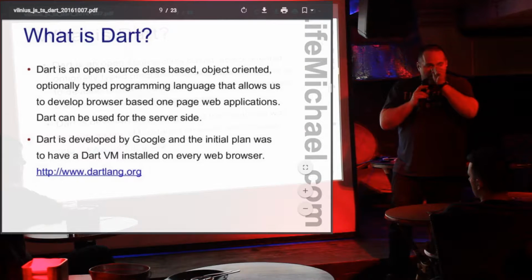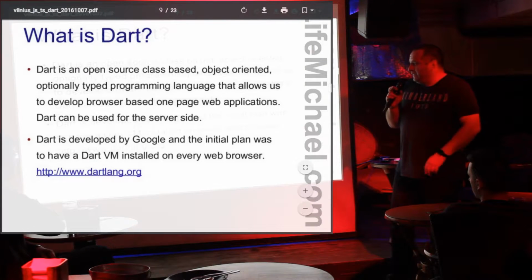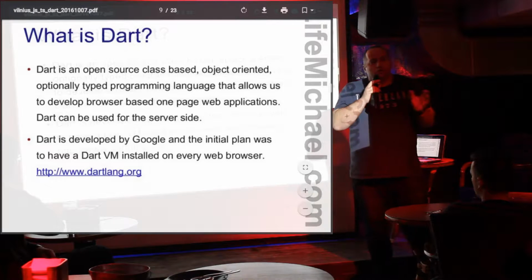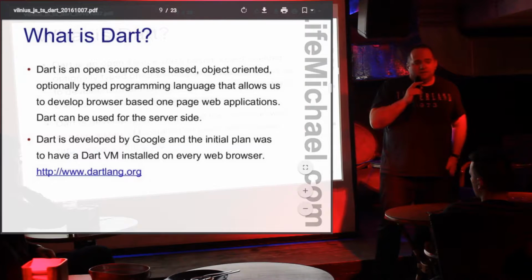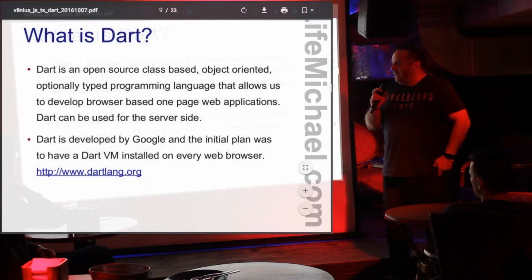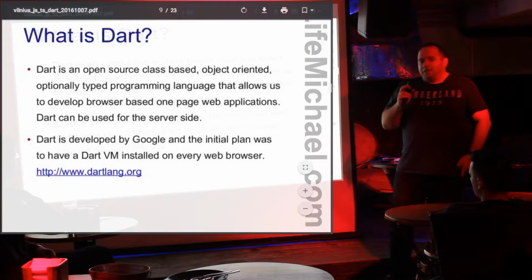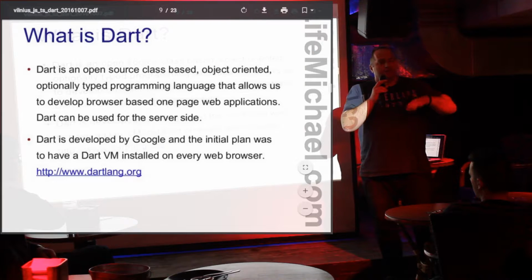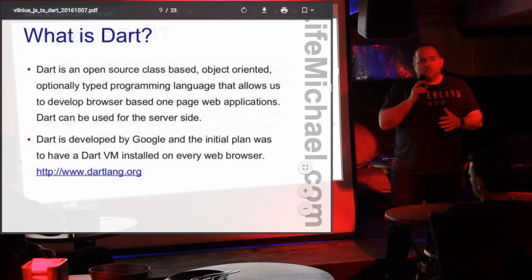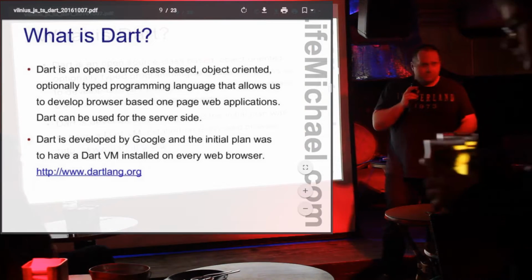The language comes from Google. And currently, if you check today what happens with Dart, you can find that there are companies using Dart, not many. And they don't usually use the Dart virtual machine. They just transpile the code in Dart into JavaScript.